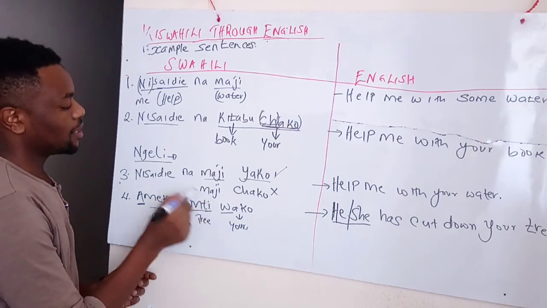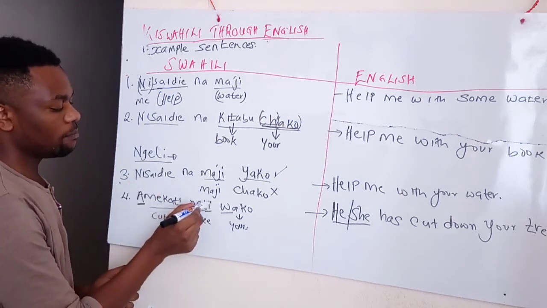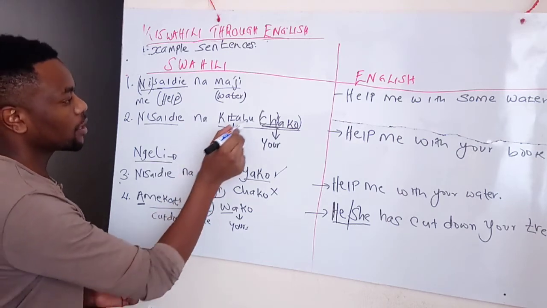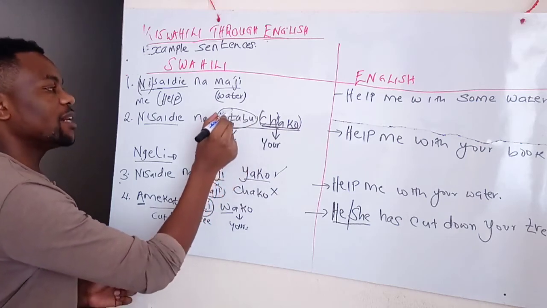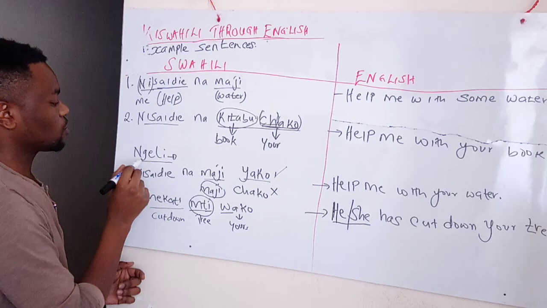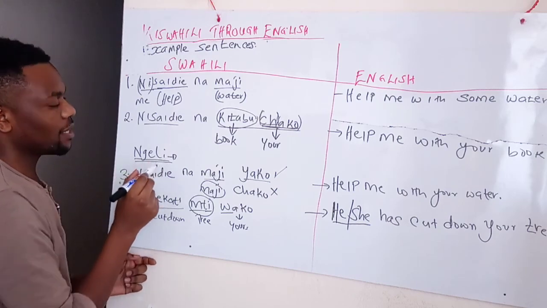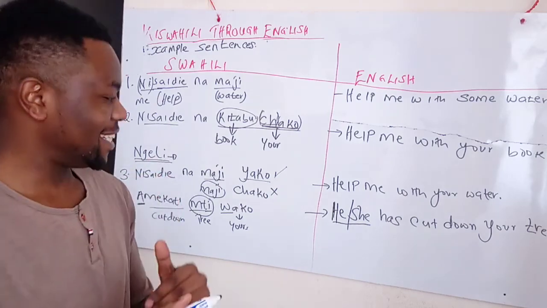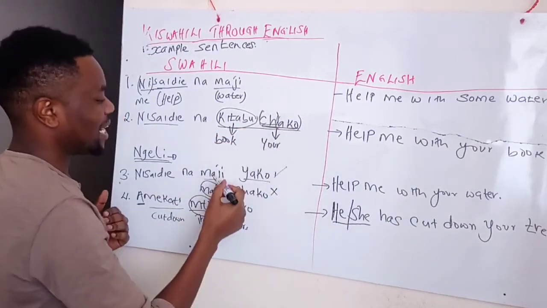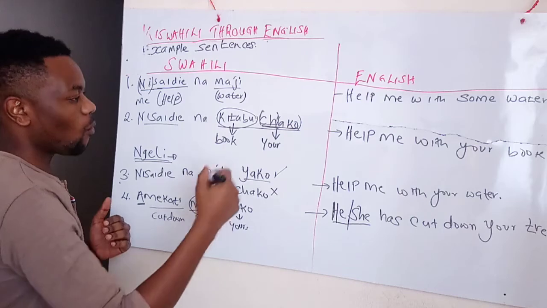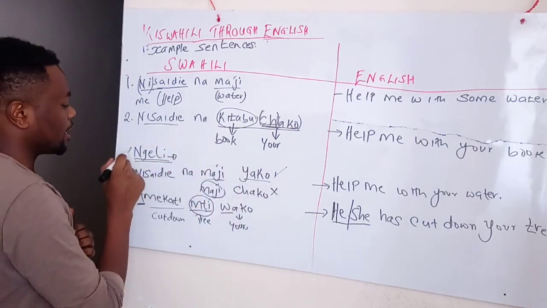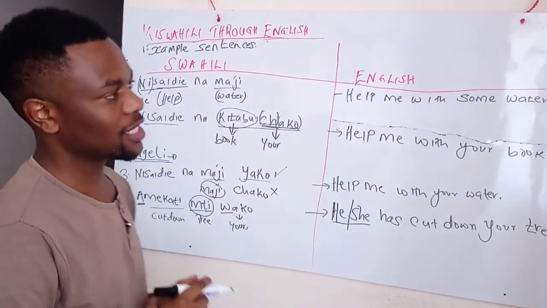And there are some rules depending on this object, mti, maji, kitabu, depending on the classification of these objects, that's what we call ngeli. That's why we say kitabu chako, maji yako, mti wako. Those things relate to what we call ngeli in Swahili, but that one is a bit advanced.